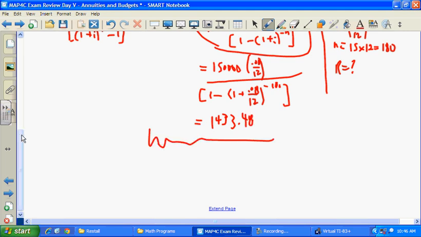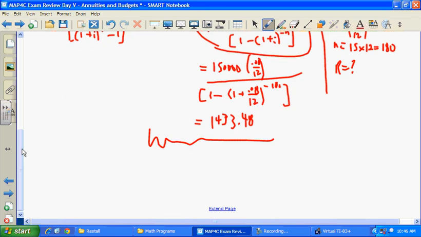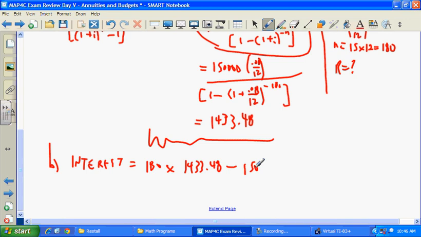His payments would be whatever. How much interest does he pay? Remember, the interest is his payments, right? 180 payments of $1,433 and subtract the original loan amount.